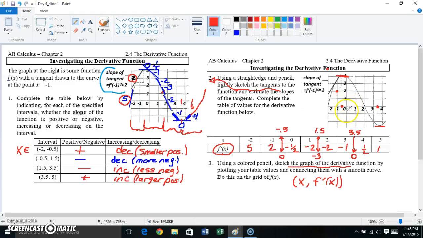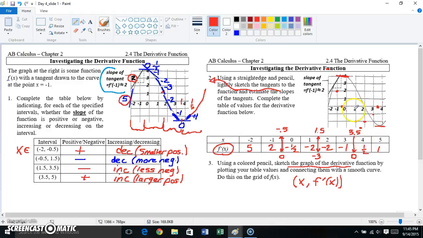Okay, at 0 you might be at -0.5. At 1 you're at -2. At 1.5 you're at -3. Back at 2, -2. At 3, -1. Let's see, at 4 we're at a half, at 5 we're at 1.